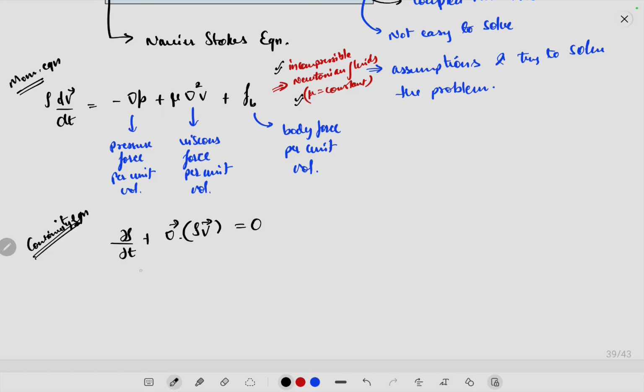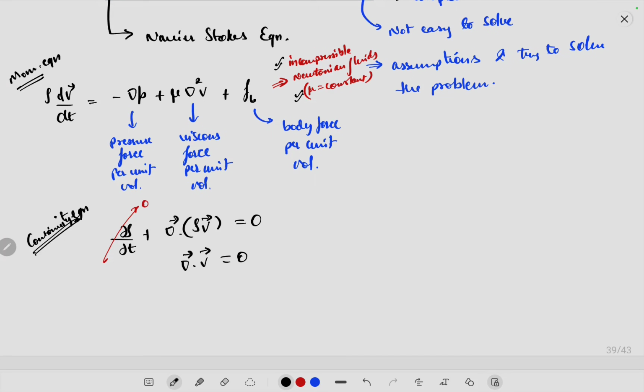But since we are talking about incompressible fluid, del rho by del t will go to 0, and rho can be taken outside the derivative since it is independent of x, y, z. So this will become divergence of v equal to 0.